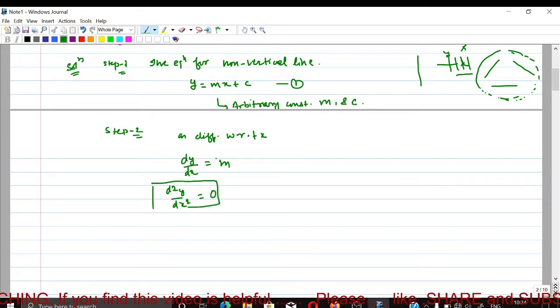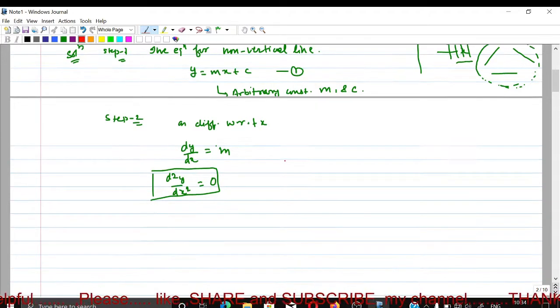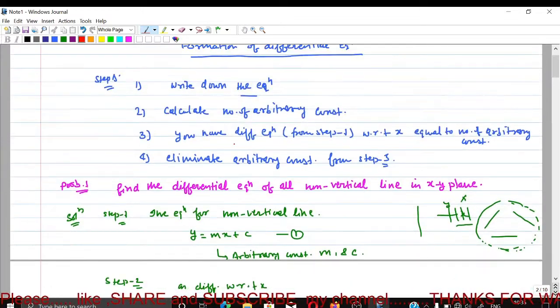So here observe, in step 2, what is our step 2? You have to differentiate the equation which you get from step 1 equal to the number of arbitrary constants, and if that equation is free from arbitrary constants, that is our simple differential equation. You got it?